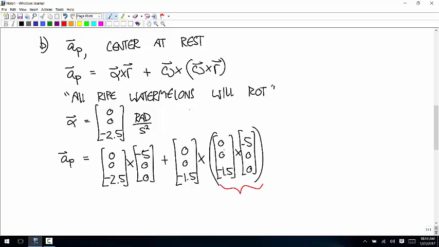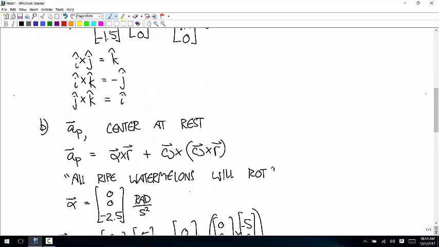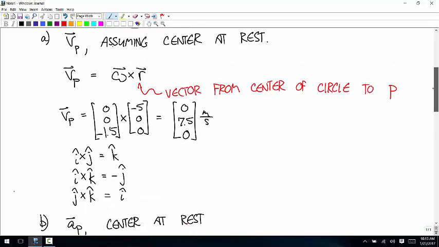This is the calculation that we did for the velocity before. That'll happen that way pretty often.